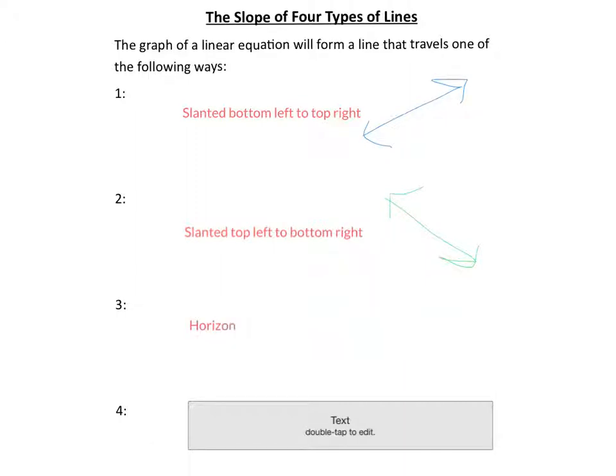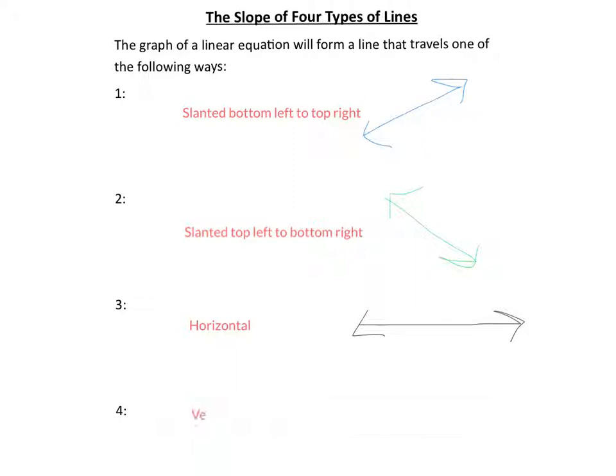Next is horizontal, which is your line going this way. If you think about horizontal, memory trick, you know I don't give many, the H in horizontal has that crossbar. And then that leaves us with vertical, which would be the other one, because in a V, both of the sides point up and down.